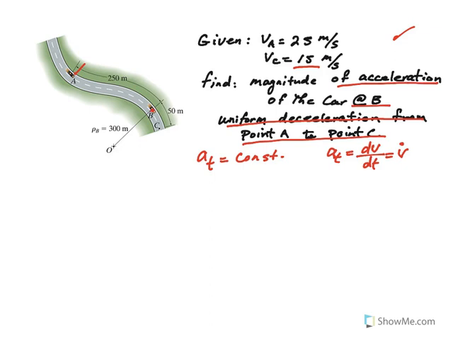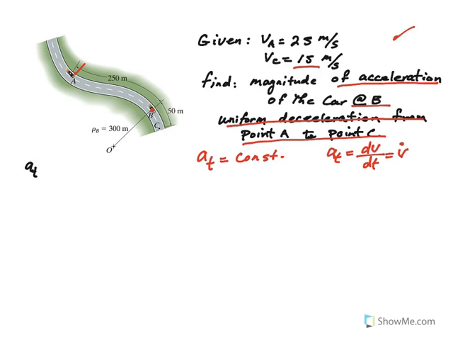Okay? So, you see from the information given related to the velocity of the car at A and the velocity at C, and the fact that tangential acceleration or deceleration is constant in this case, we can go ahead and use constant acceleration.